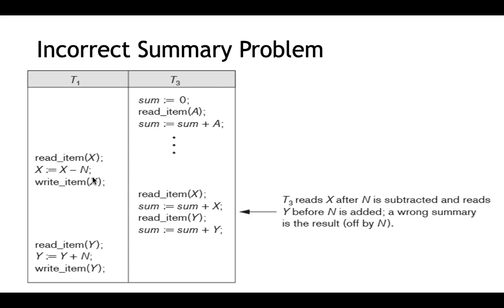But what happened is n is deducted from X, and before it is getting added to Y, we take the balance in X and add it to sum, and then we take the balance of Y and add it to sum. So actually this n amount is not accounted anywhere, and that is lost. That is the incorrect summary problem, and this could occur.